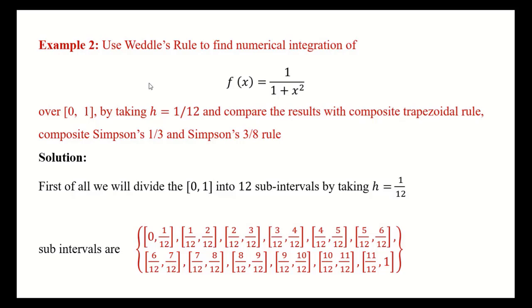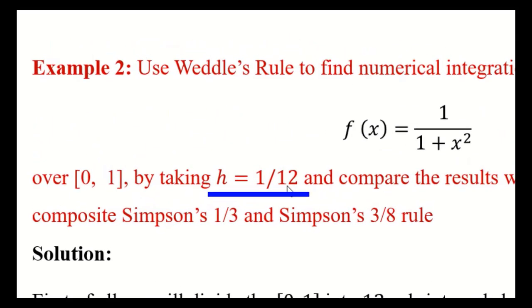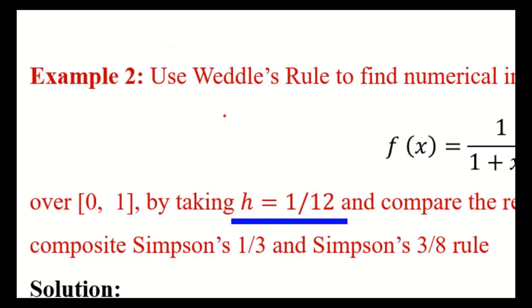The function is f of x equal to 1 over 1 plus x squared, at the same interval, but the width is h equal to 1 by 12. It means we will subdivide our interval into 12 subintervals, because you know that h is equal to b minus a over n.